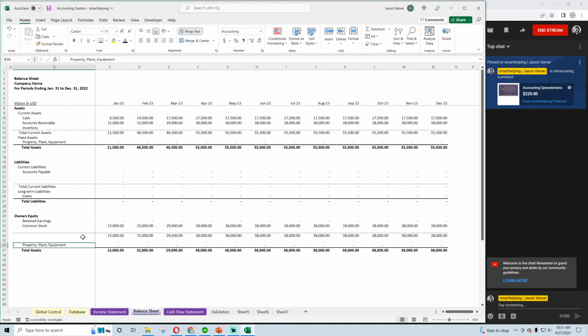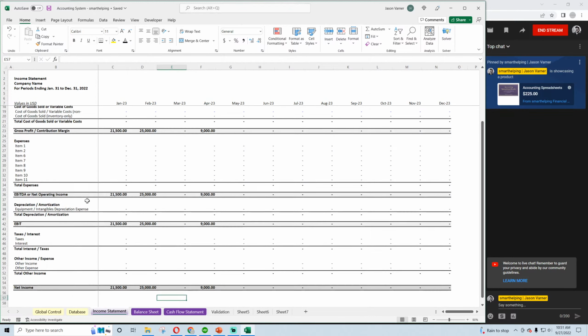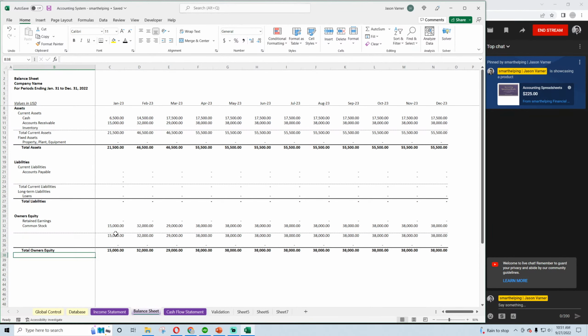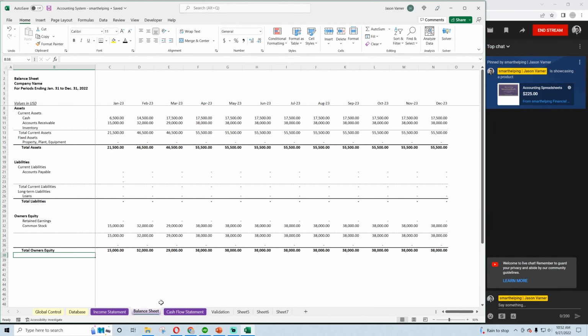Total owner's equity. The key is as I continue to add line items, so right now we've got everything built for sales. The income statement's working as it needs to for all the sales items. The balance sheet should be working. The cash flow statement should be working. So we should be able to see everything that's going on with sales is the goal here. And then we'll just continue to add line items or transaction types into the system until it's done.